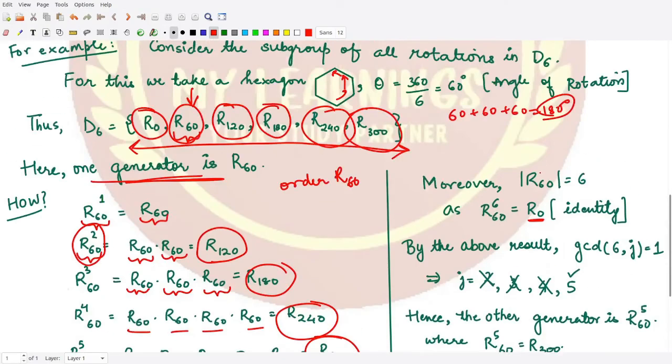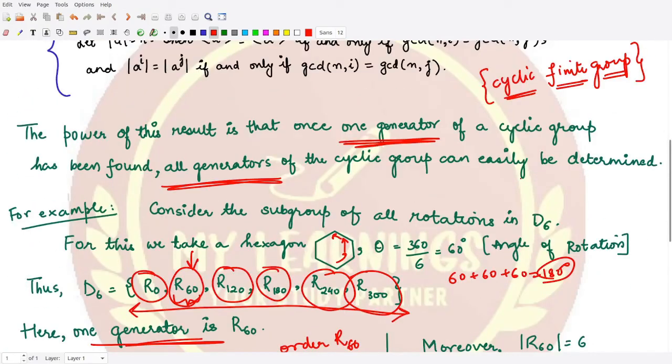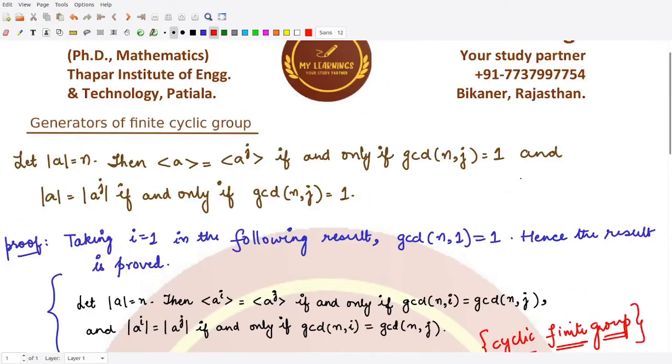So this is one thing. Another thing is how we can obtain other generators of this group. So we can make use of this result here. Once we know one generator, all the other generators can be obtained. So we are interested to calculate what the power j is, right? Once we know different values of j, we would have different generators.